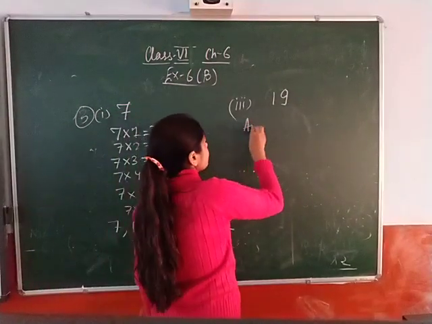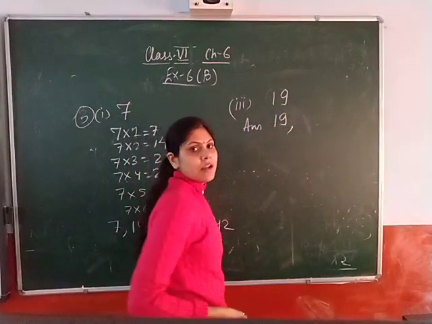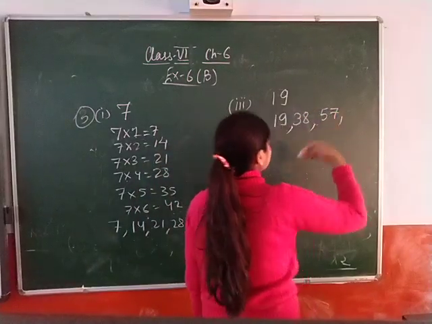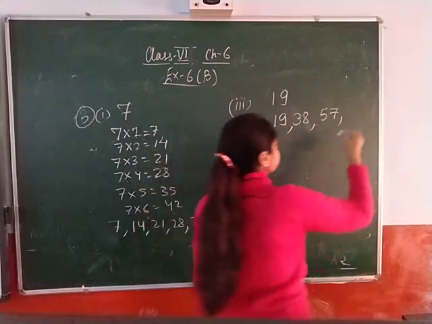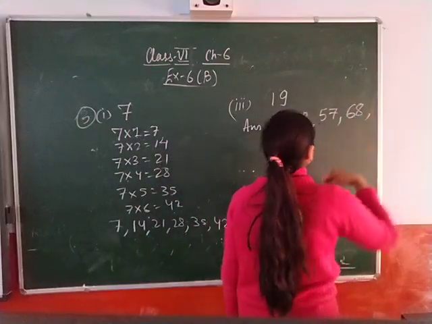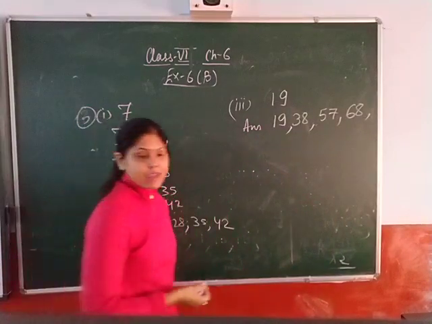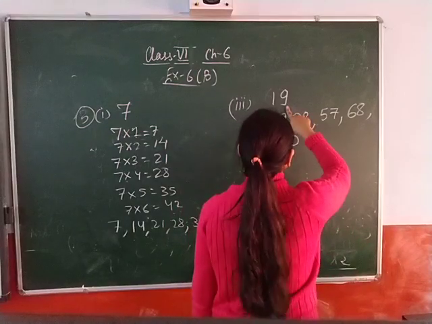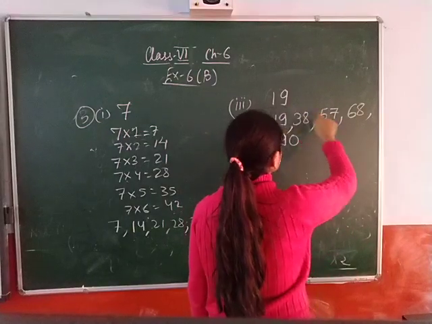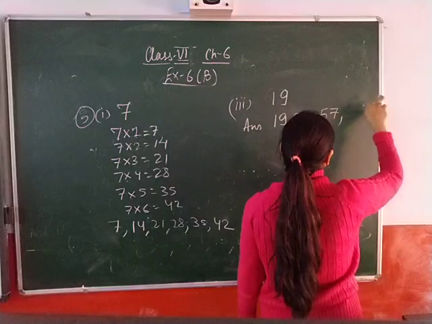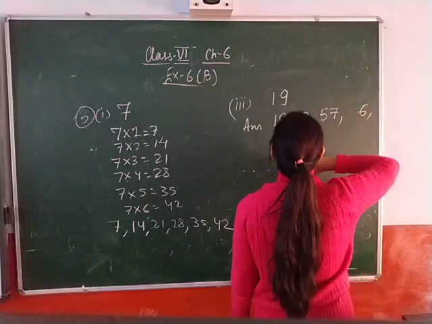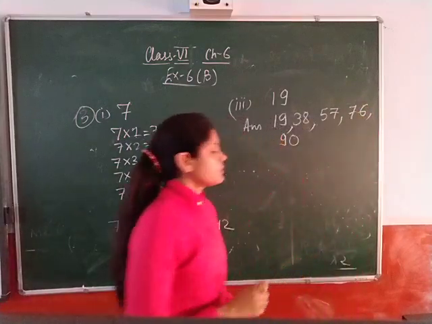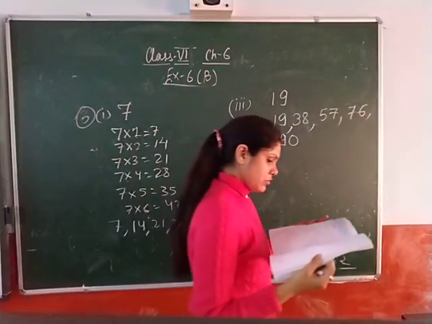So the answer is 19 ones are 19, 19 twos are 38, 19 threes are 57, 19 fours are 76, 19 fives are 95. Clear? Like this you can do this question also.